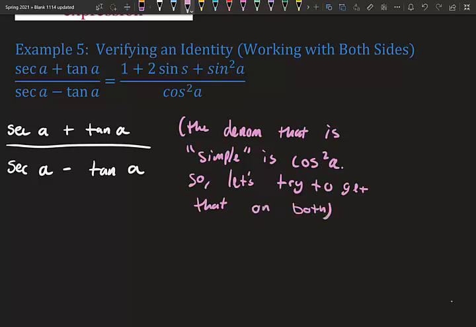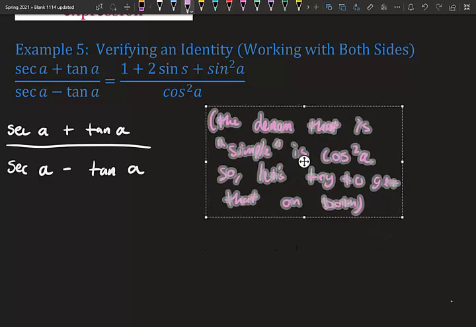It's just a good idea to start somewhere. Sometimes it works, sometimes it doesn't. The denominator that is simple is cosine squared A. So let's try to get both to have cosine squared A. There's no cosine anywhere in my first one, so I'm going to make it have a cosine.